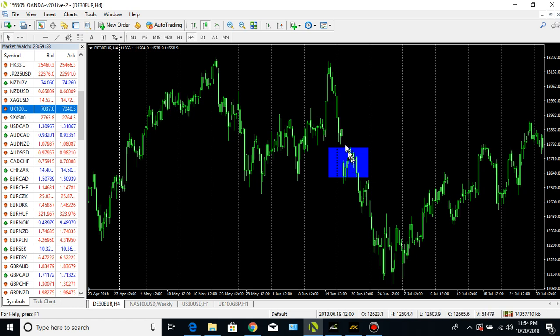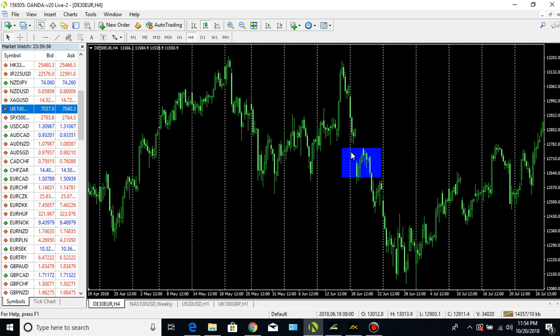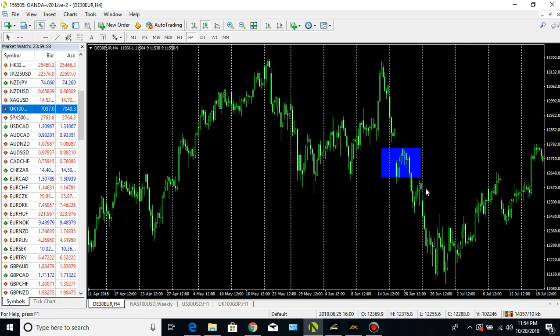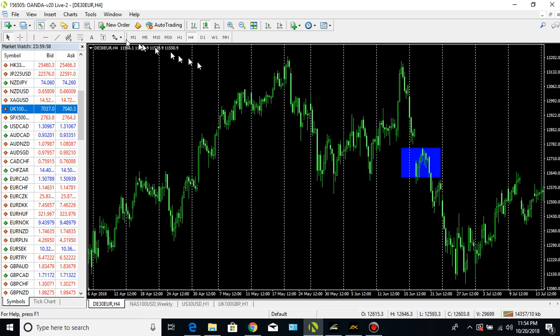This is nothing but just a potential continuation pattern. So that being said, these things are everywhere. Even this, some are just better seen on higher time frames, but still they are potential continuation patterns.